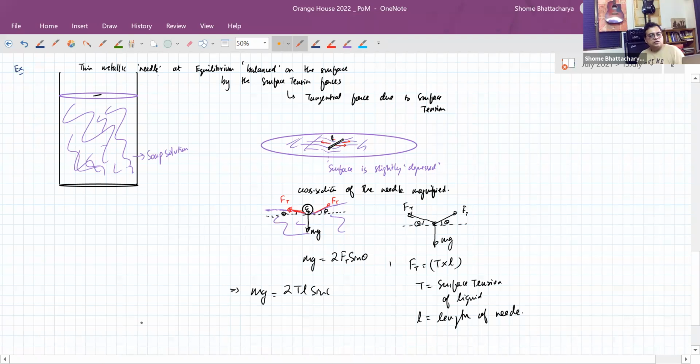So for example, suppose the surface tension of the liquid is 250 millinewtons per meter. The length of the needle is, let's say, 5 centimeters, and theta is, let's say, 30 degrees. Then we can calculate the mass of the needle from this.